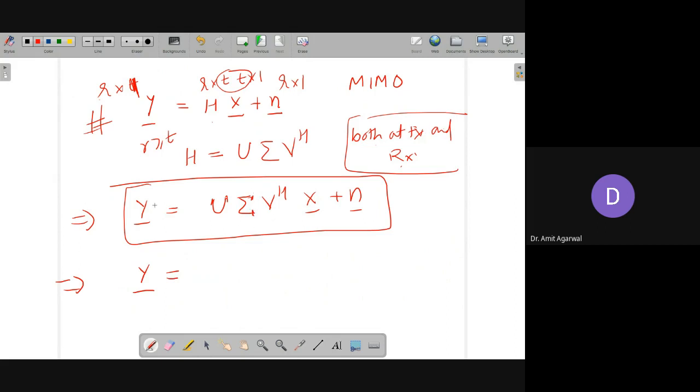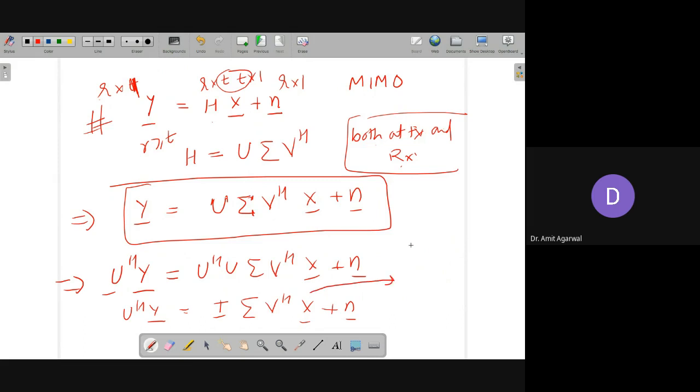See, at the receiver, you multiply this with U Hermitian. So U Hermitian U is I, you know. And at the transmitter, you transmit X is equal to V X tilde.